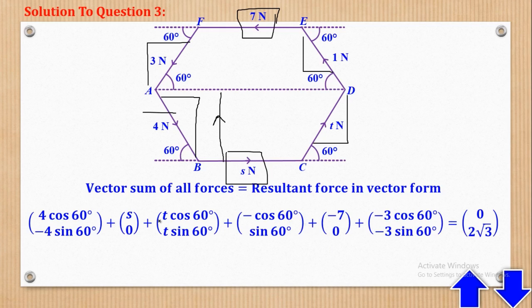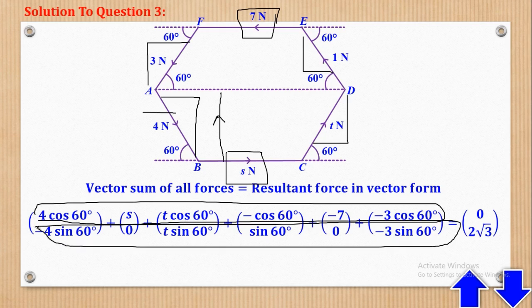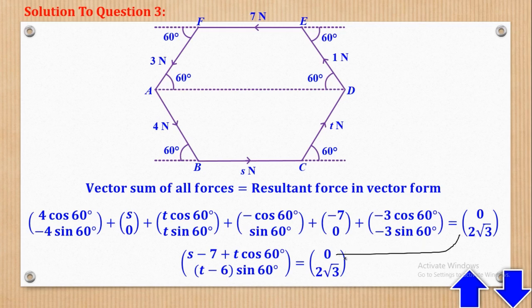So now that I've got that, I'll use the calculator to collect like terms of all these forces in row 1 and also the ones in row 2. So when I do that, I'll come up with row 1, it will be S minus 7 plus T cos 60 degrees, and row 2 will be T minus 6 in brackets, then multiply by sine 60 degrees. For the other side it will be the same, 0 and 2 root 3.